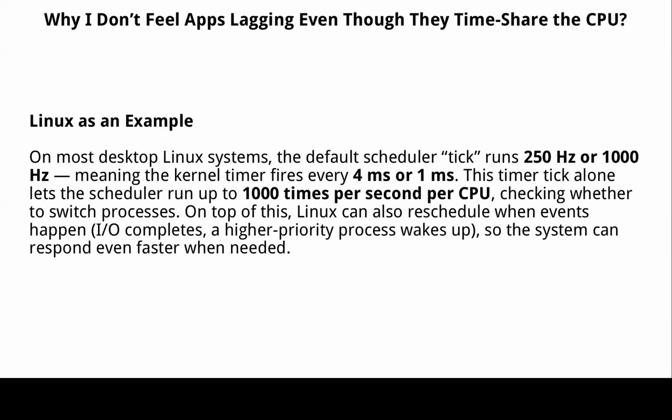So now we go back to why I do not really feel apps are lagging. We're running so many processes, 400 of them, but I do not really feel they're lagging. I'm playing video games, watching Netflix at the same time, and I do not feel that, right? Why?